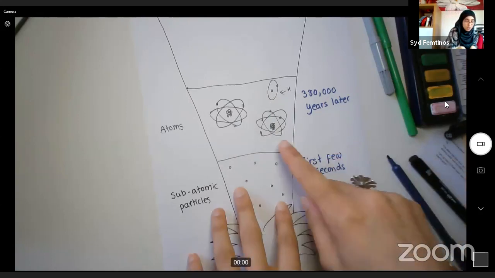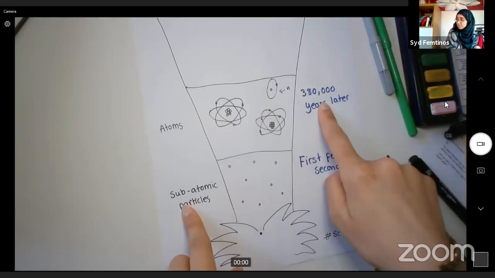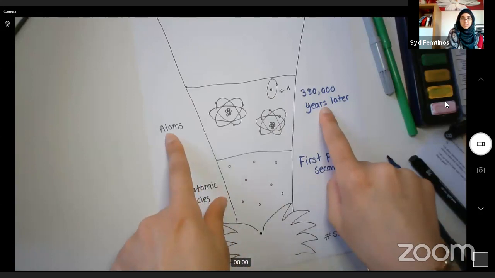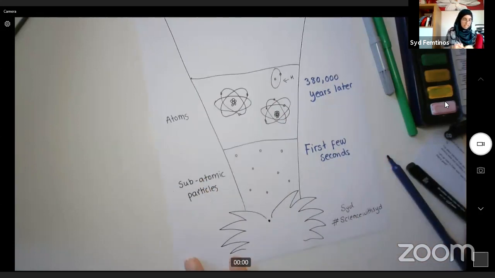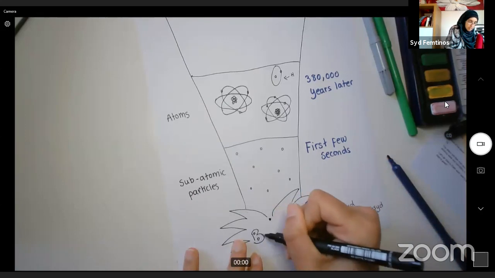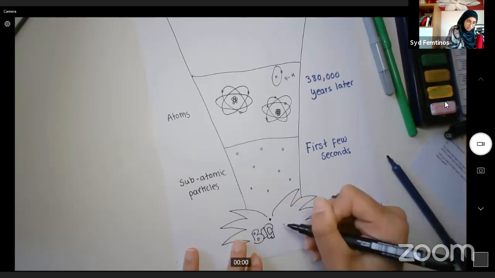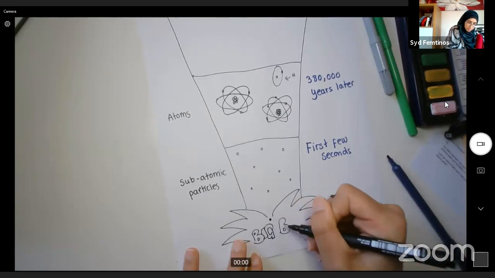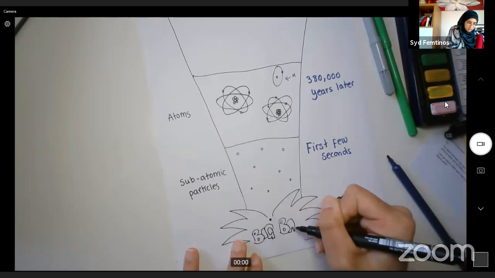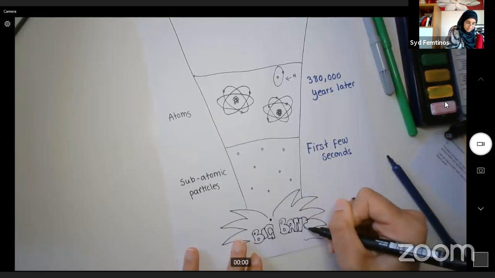So we've got, first few seconds, subatomic particles. 380,000 years later, we have atoms. Okay, so we're talking about the Big Bang here. So I'm going to write here, Big Bang. So at the moment, scientists believe this is how the universe started. They don't know what created the Big Bang, what created that explosion that got everything to be working the way it is.